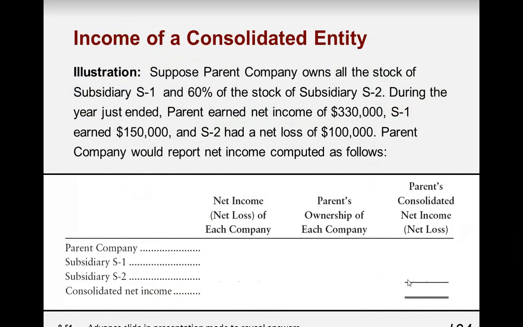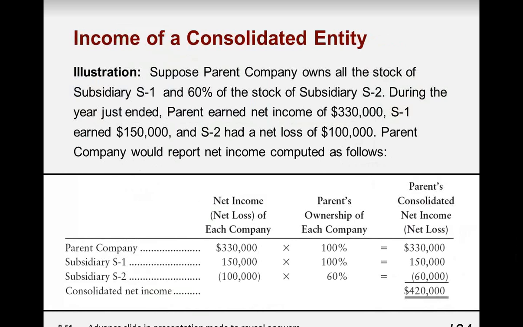The parent company would report net income as $420,000, because they owned 100% of subsidiary 1 and only 60% of subsidiary 2.